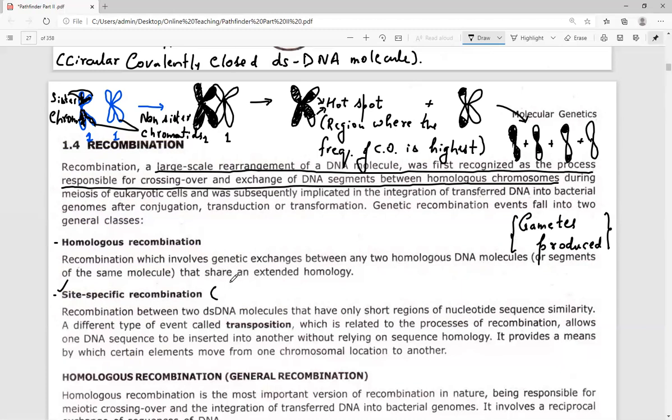When you talk about lambda phage, for example, lambda phage integration into chromosomal DNA, integration into E. coli chromosomal DNA.